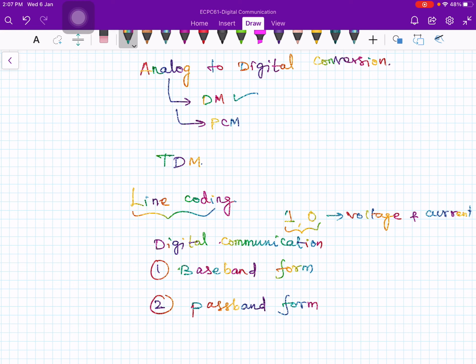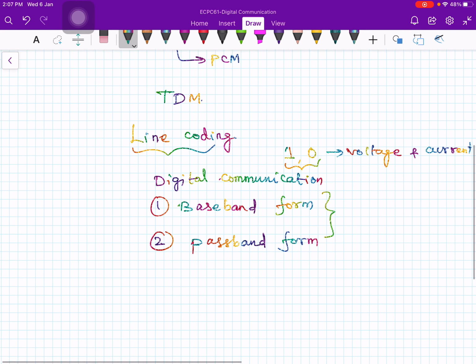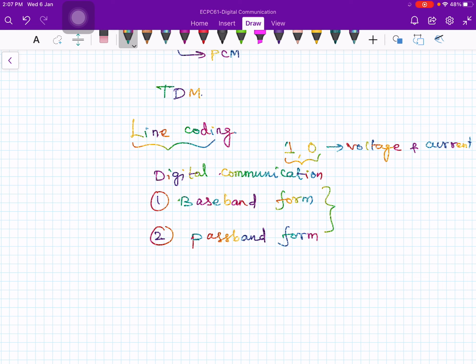So there are 2 methods by which we can do digital communication. One is the baseband form and the other is the modulated form. Just like analog communication is done in the modulated form, digital communication can also be done in both ways.